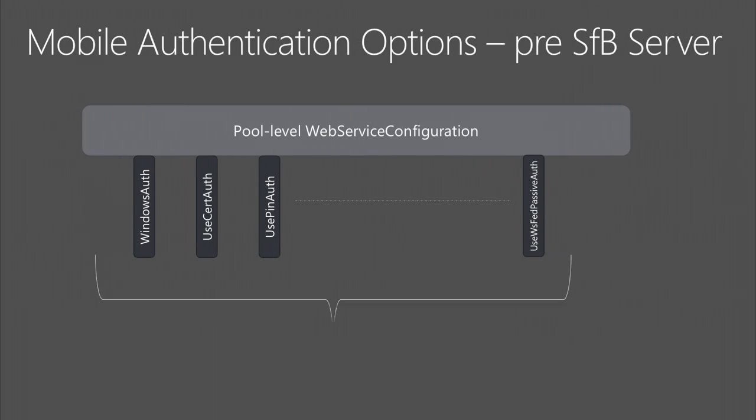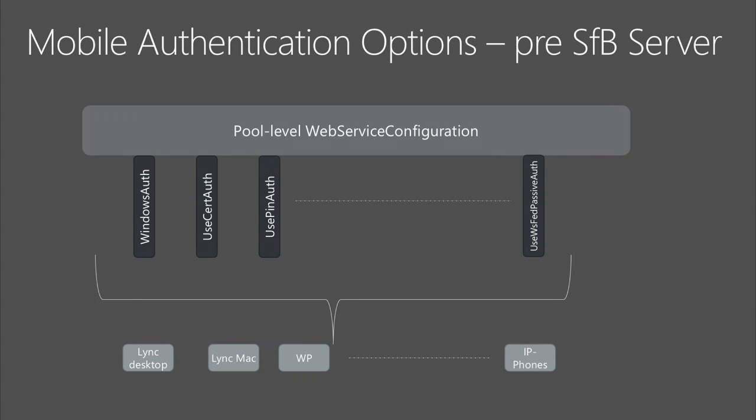The limitation here was that these flags, if they are set in a way, they are applicable to all the endpoints. So if you are doing passive auth, that's applicable to all endpoints, all Lync endpoints that we have, whether that is desktop, mobile, phone, Lync for Mac. So it wasn't really a configuration that was flexible enough for the admins to enable a specific auth for mobile while keeping other endpoints using the NTLM or Kerberos auth.